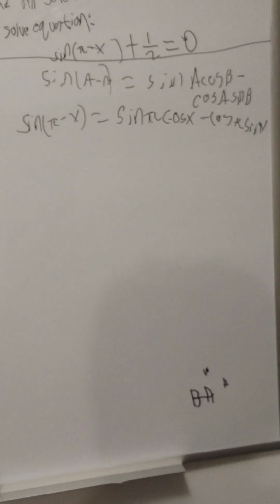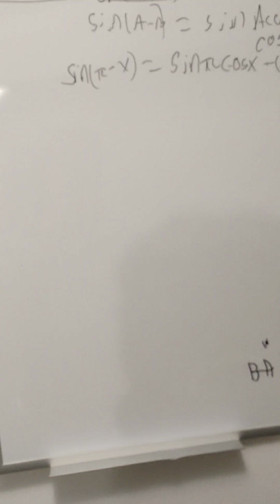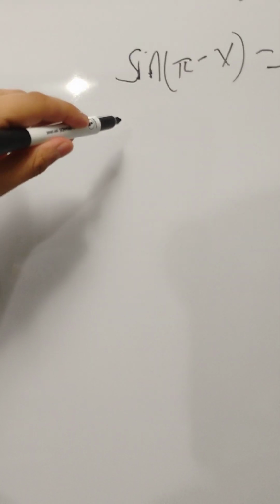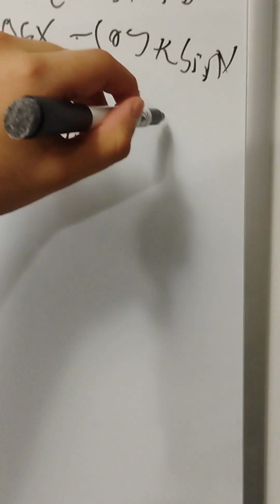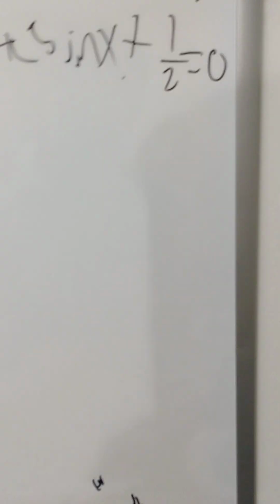Now realizing this, we can take sine pi and cosine x, minus cosine pi and sine x, and then plus 1/2 equals 0, okay?